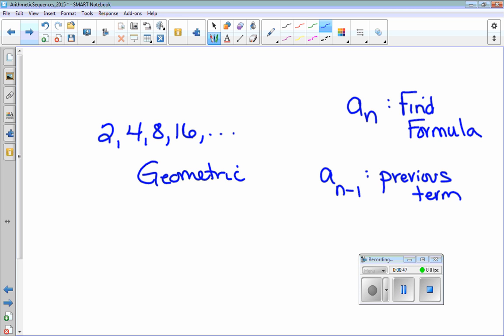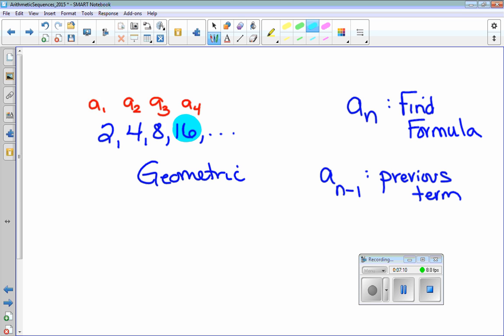So if I say that this term is A sub 1, A sub 2, A sub 3, A sub 4, what if I wanted to find the previous term to this one? It's 4 minus 1.